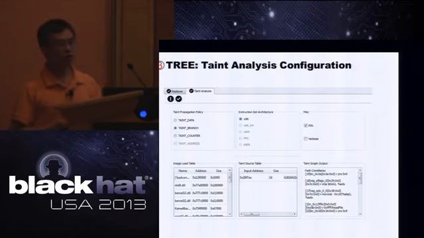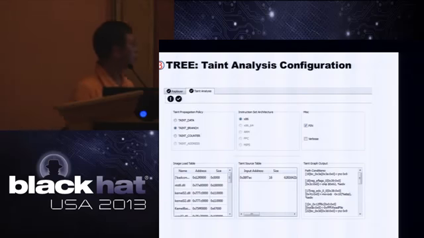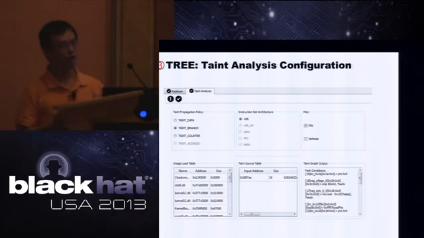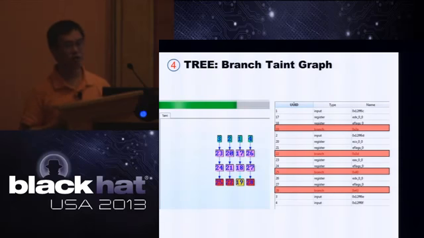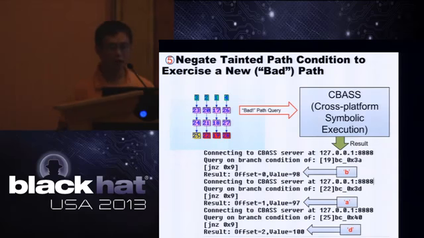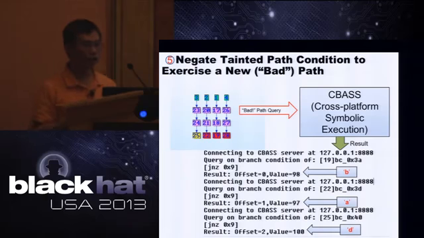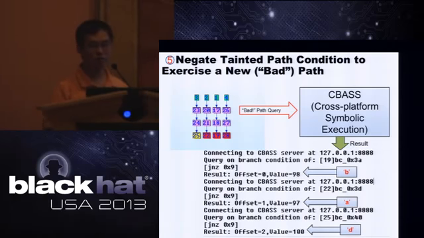After we collect the trace, we choose to do a taint analysis with the taint policy called branch policy. That is, we look at how the input will affect the branch points. Here you can see we get a taint graph that describes all this. Each red node is a branch condition corresponding to the source code. You can right-click on a branch condition node, and you can see it in the demo. Then TREE will generate a query and send it to CBASS.